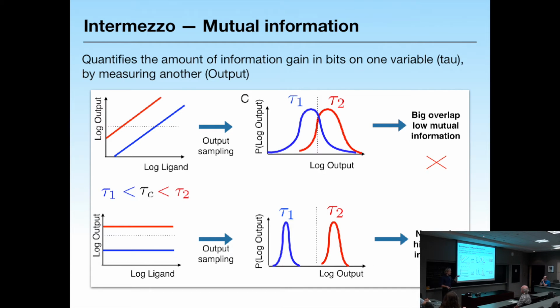So if the output concentration is high enough, if it is above some threshold, then we have uniquely defined tau, because for whichever ligand concentration, we will also find the same output.